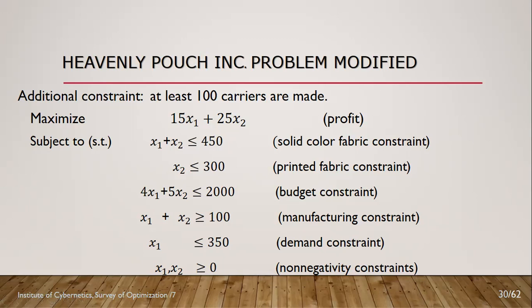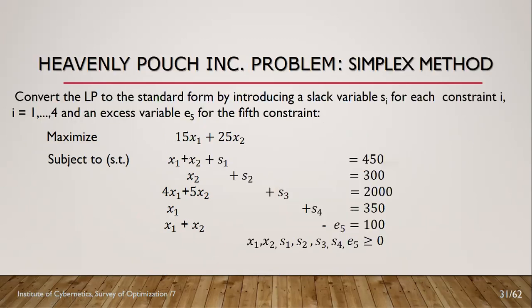Let's go the standard way so far. Remember that for the standard simplex method, first we introduce slack variables, but here we have a flipped inequality relationship. So therefore, we will have an excess variable and we will subtract it. Now, let's convert the given LP to the standard form. Here we have 4 slack variables and 1 excess variable. Remember that all of them need to satisfy the non-negativity constraint.